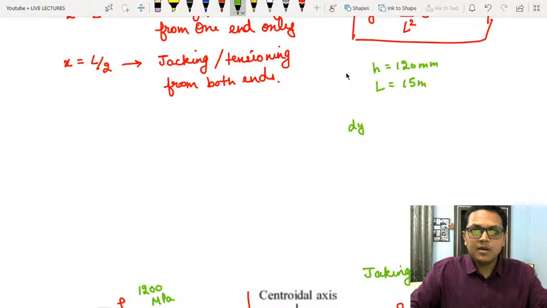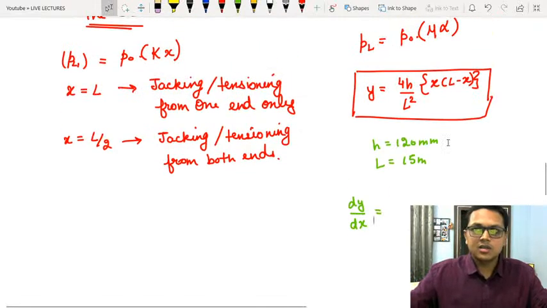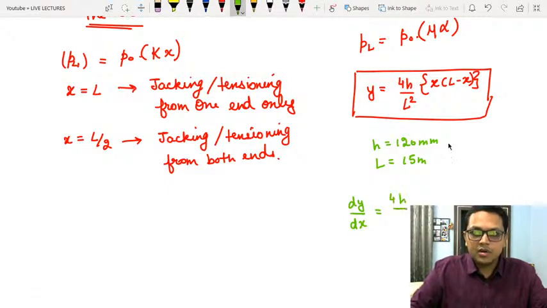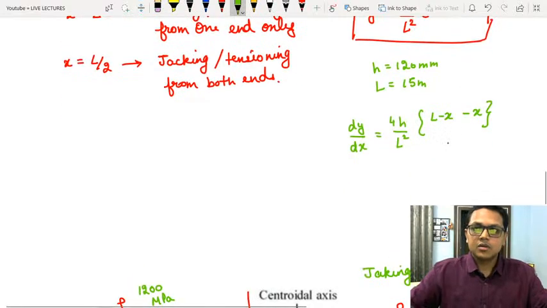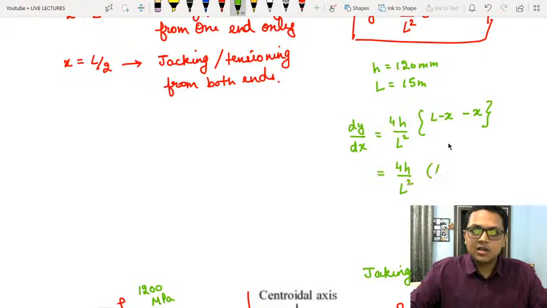So dy by dx from the above expression is equal to 4h upon L square into (L minus x minus x). So it is 4h upon L square into (L minus 2x).